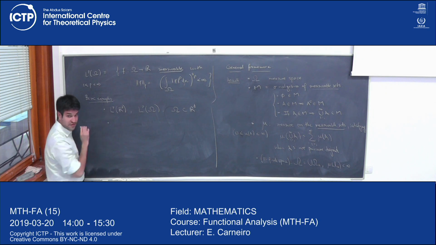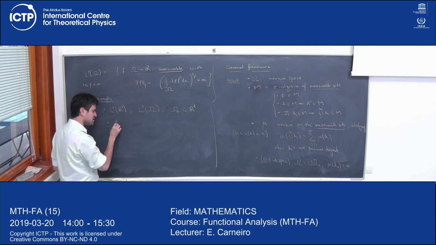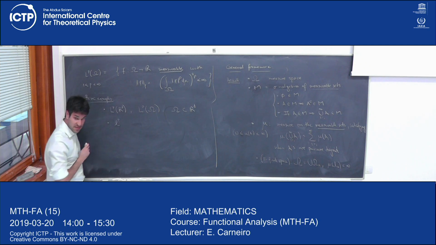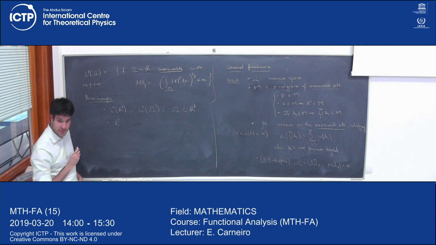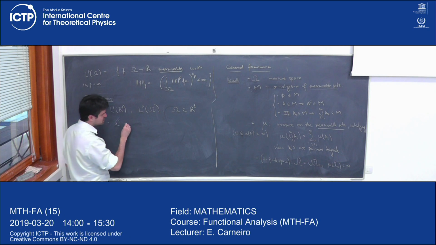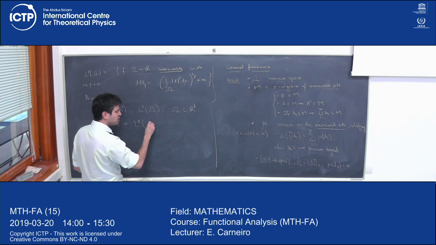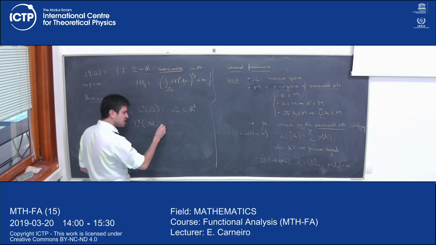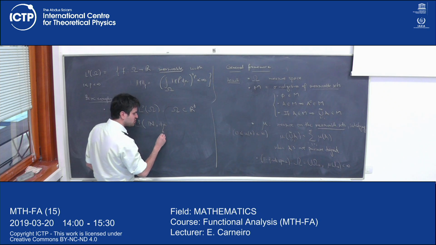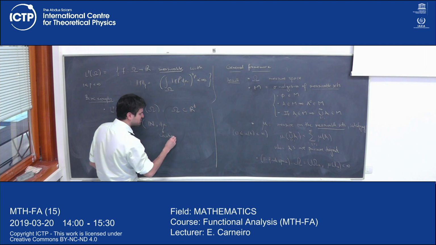And another source of nice examples are the spaces which we call little LPs, which is essentially the LP space of the natural numbers with the so-called counting measure.